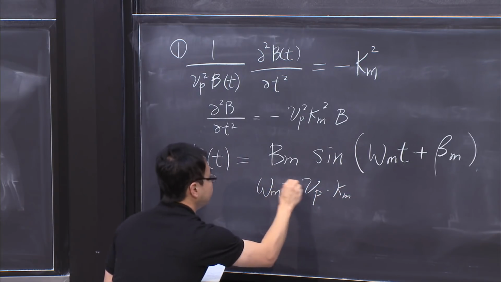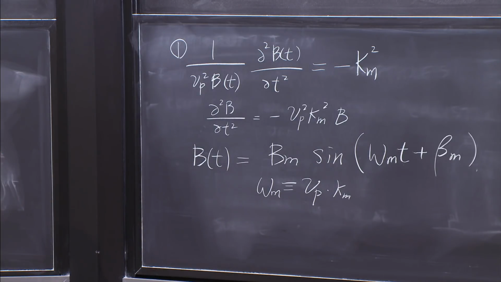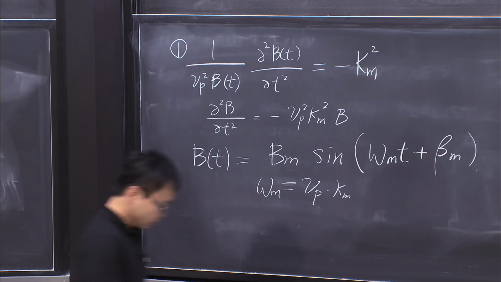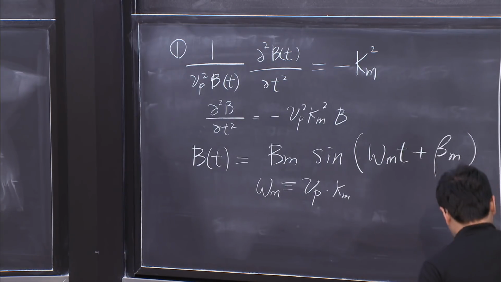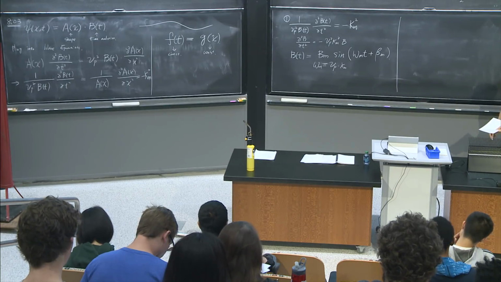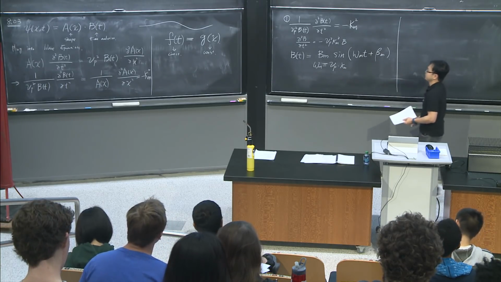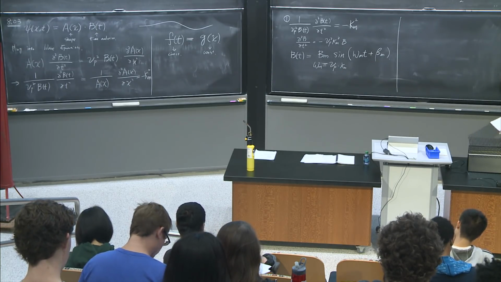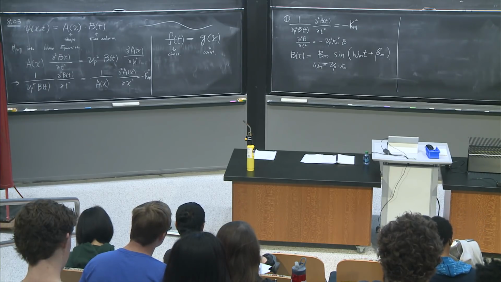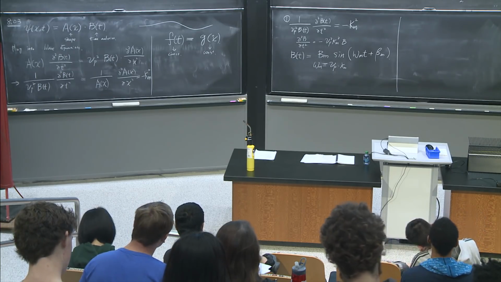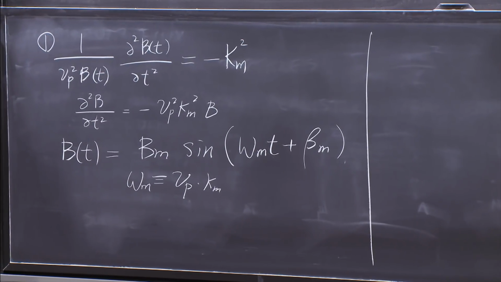I define omega n equal to Vp times kn. All right? So, surprisingly, the solution of B is really simple. It's Bn sine omega n t plus beta n.